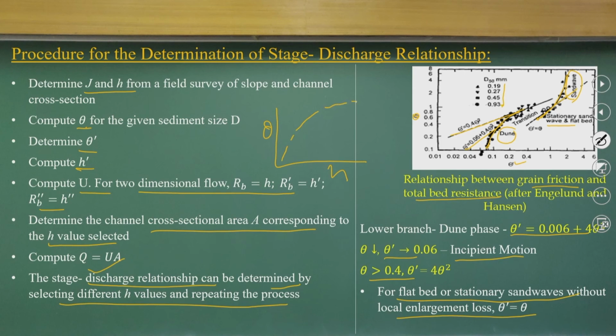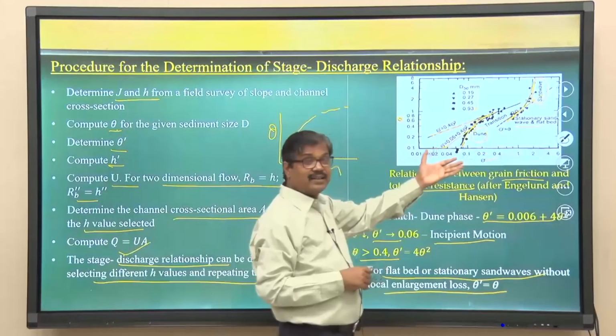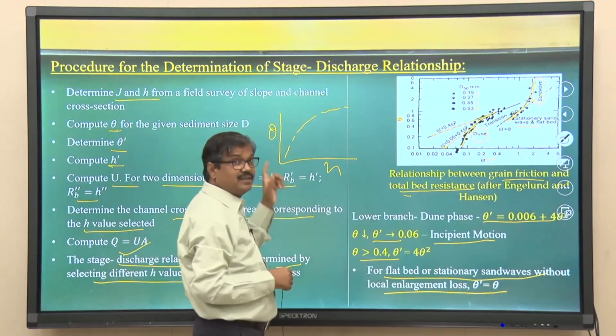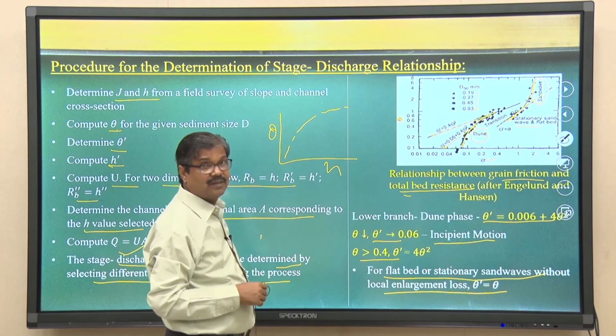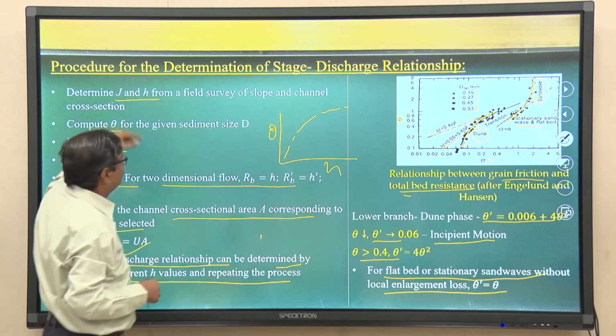So, that is what is theoretically done: using the bed form resistance and the grain resistance, we can establish the rating curves, the stage discharge relationship. That is what we are doing mathematically here.